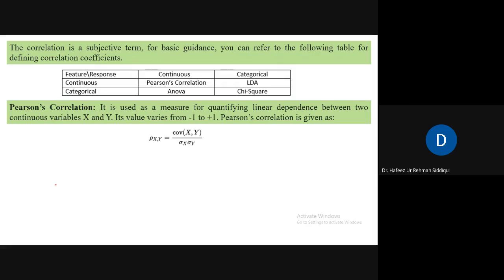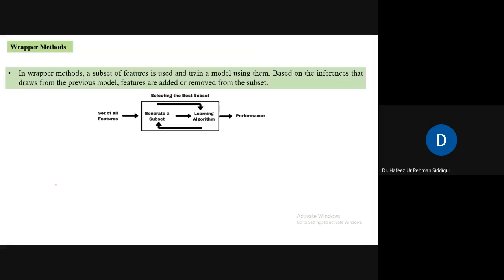Just refer to this table. If your features are continuous and response is continuous, then you can use Pearson correlation. If your features are categorical and response is also categorical, then you can use chi-square or wrapper methods.